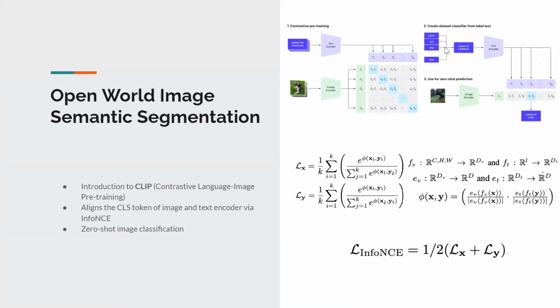You don't just compare them directly; you put them through projection heads of CLIP, E sub V for vision and E sub T for text, and then you compute your InfoNCE loss. Some math here, I'm not going to go into a lot of detail, but that's what it is. Very simple idea.